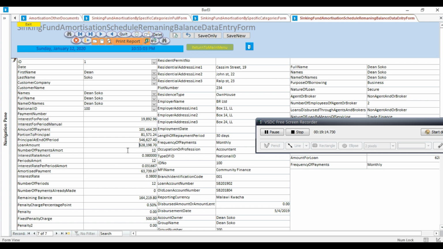Then principal at end of period. This 197 becomes the loan amount.